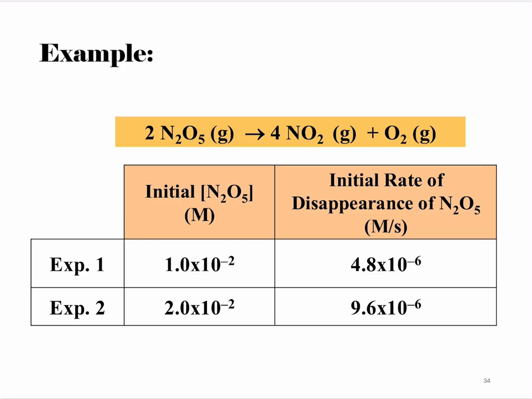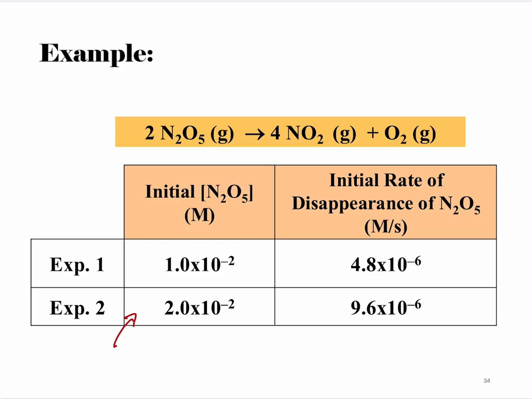So what happened to the rate when we doubled the concentration? We doubled both of them, right? And so then that should tell us what the exponent is, because if the rate doubles when the concentration is doubled, that should be a first order reaction, right?